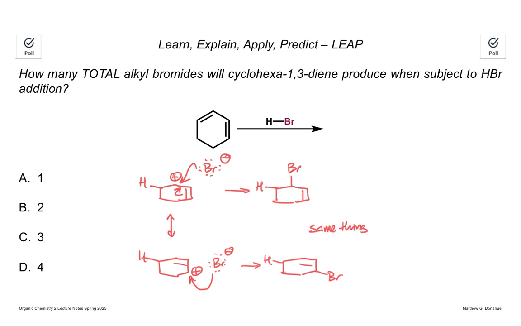So that's an identical molecule. However, we've now generated a stereocenter. So we get R plus S enantiomers. So we're going to end up with 2 total alkyl bromides.